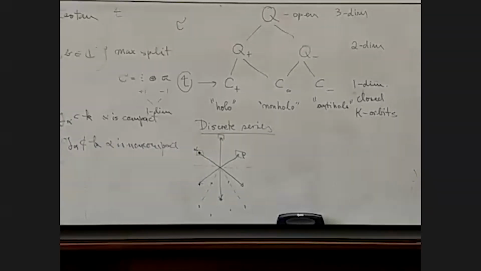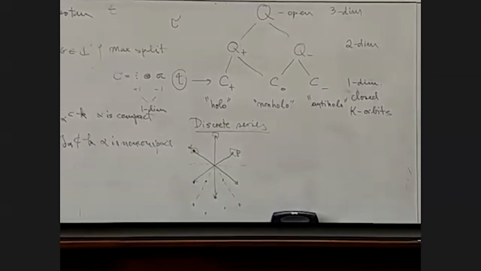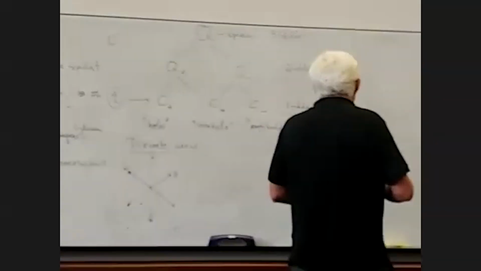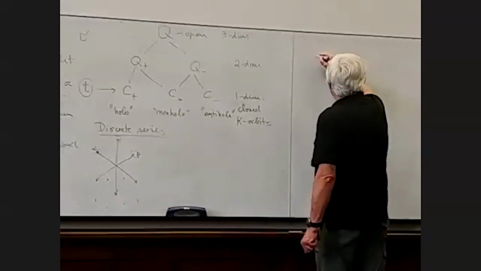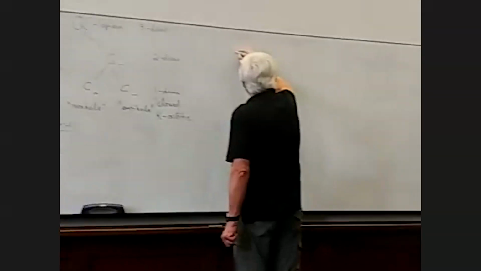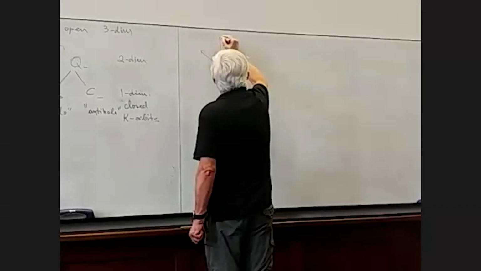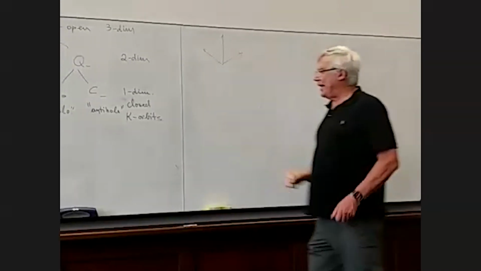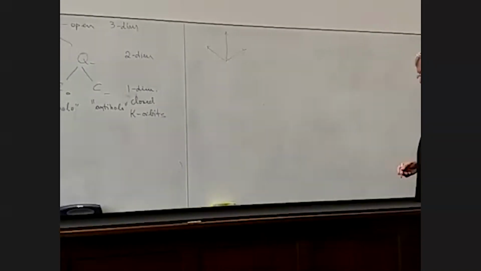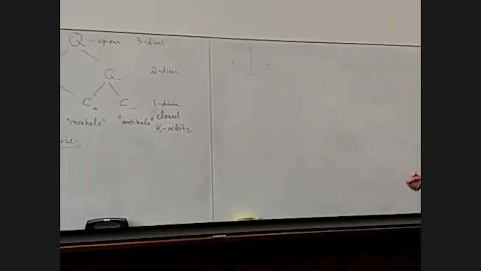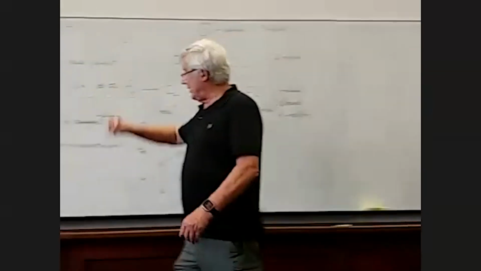Now, I am on the open orbit. On the open orbit, let me just draw a diagram. This is a different Cartan. So we have to identify these roots. These are roots corresponding to this other Cartan.